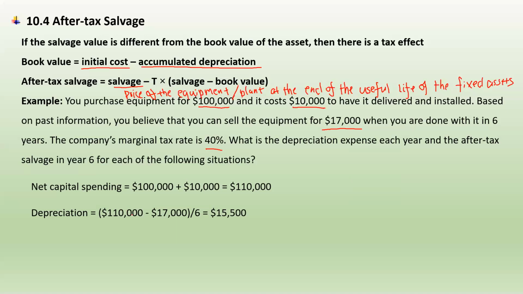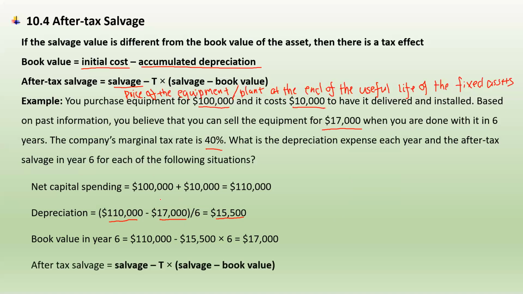So this is the net capital spending, subtract the end book value, and divide by 6. So each year the depreciation is 15,500. So the book value after year 6 will be 17,000.